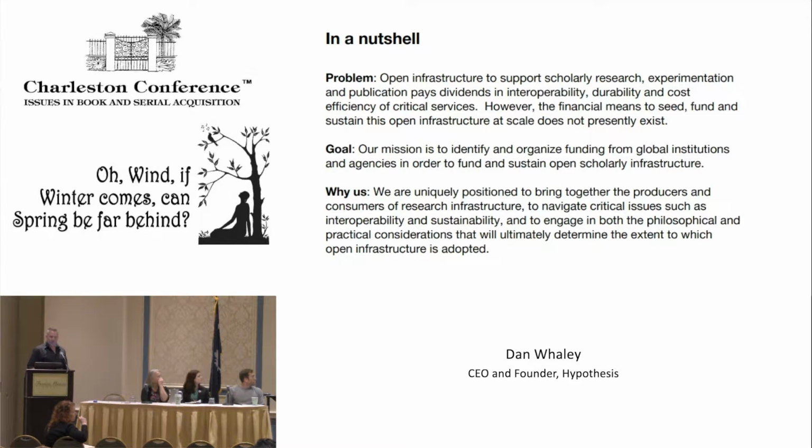So in a nutshell, what we're trying to do here is solve a problem, and the problem is that open infrastructure is increasingly playing a large role in the infrastructure within the scholarly institutions. But the means to fund and sustain that open infrastructure really doesn't exist right now.